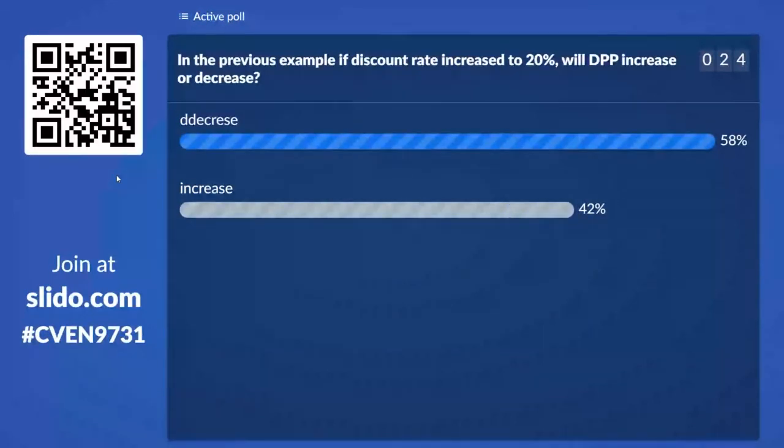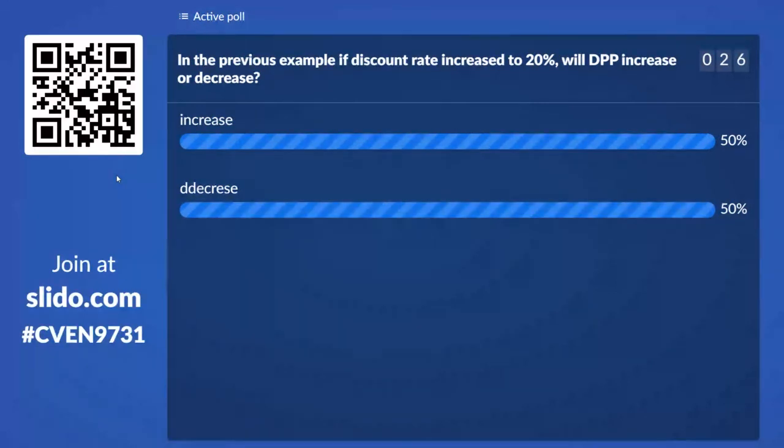So DPP is going to increase. So for those of you that said it's going to decrease, what's your point of view? Any answer? Nope.